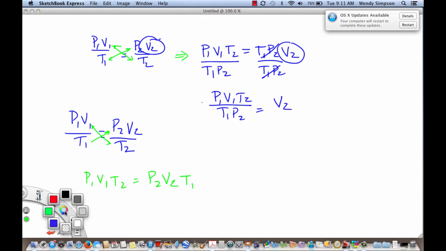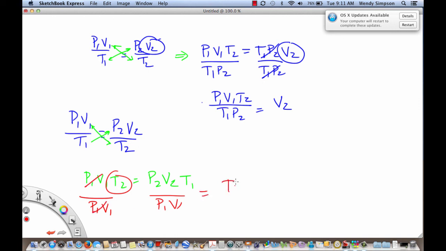And then let's say we want to solve for T2. In this case, we want to divide both sides by P1 times V1. So over here, they're going to cancel out. So we're left with T2 equals P2 times V2 times T1 over P1 times V1. Then you can plug in all your variables.